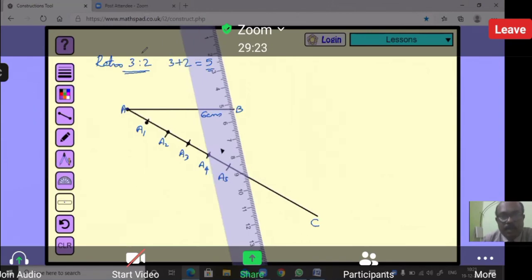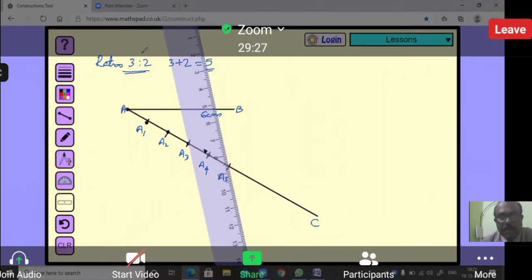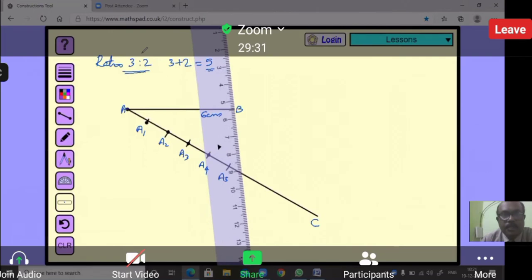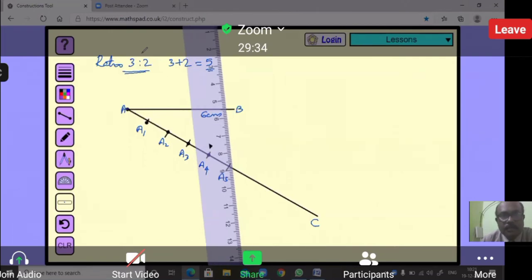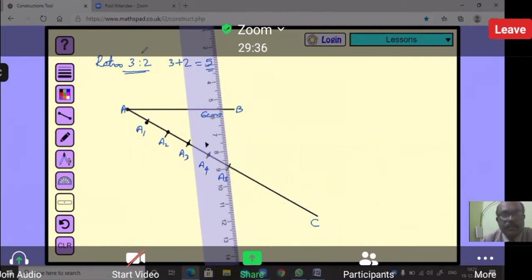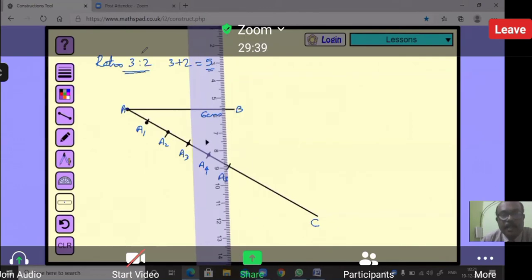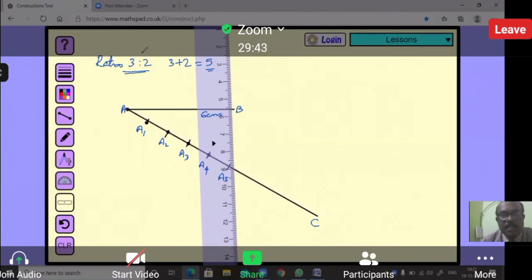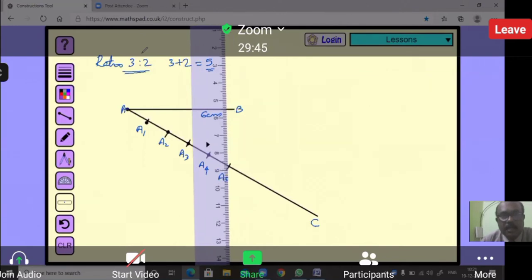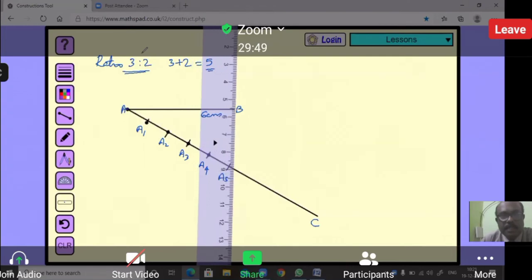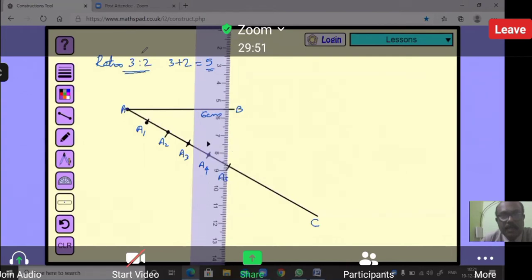So what you need to do is join this A5 to B. Okay, A5 to B. Bring A5B in position, and then draw the line. I think you can easily do this. You are using the physical scale and I am using a virtual scale. So to adjust it takes some time. No problem.